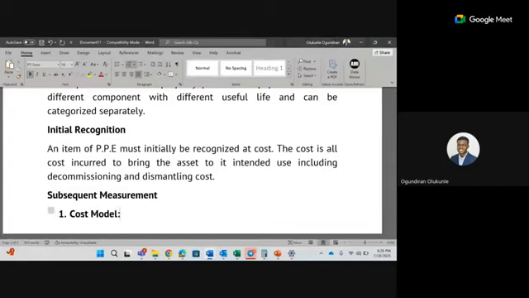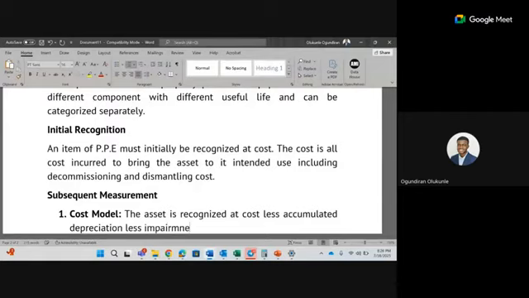When you are using the cost model, the asset is recognized at cost less accumulated depreciation less impairment loss, if any. It is that simple for the cost model.